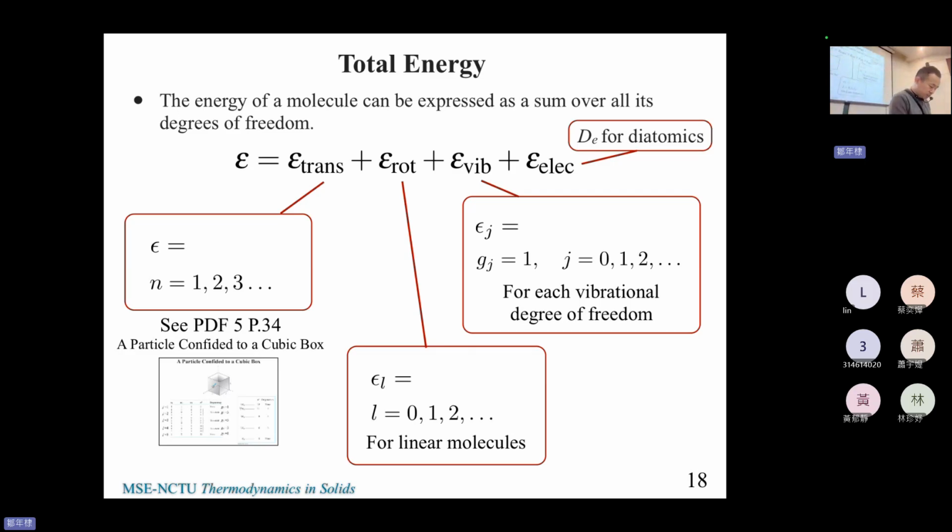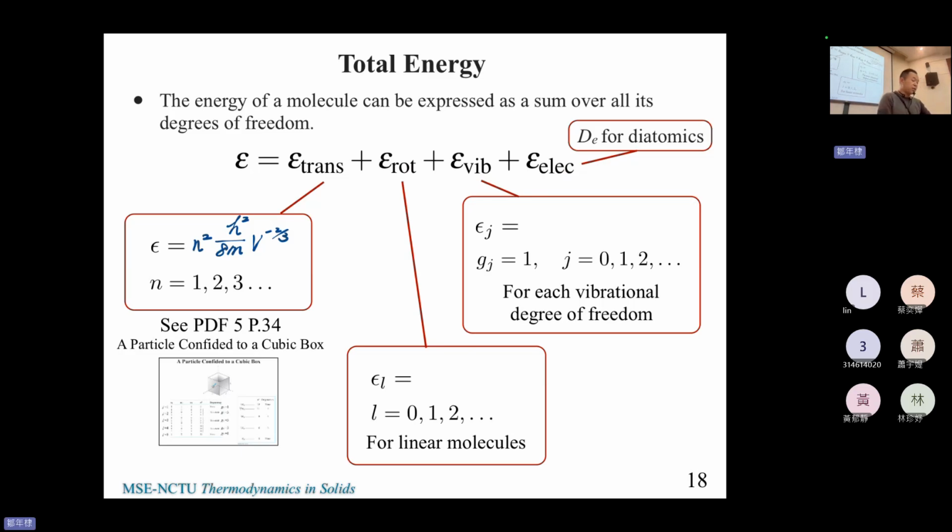So now let's talk about the total energy. Wow, it's kind of a review. You can see epsilon equals epsilon translation, rotation, vibration, electronic excitation. And this is really high, of course. And epsilon translation, I guess you know that we've done this in particle in the box. This is just a review. You have done this before, right? And n equals 1, 2, 3.